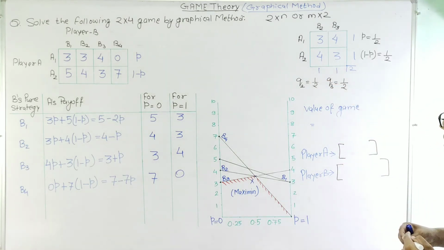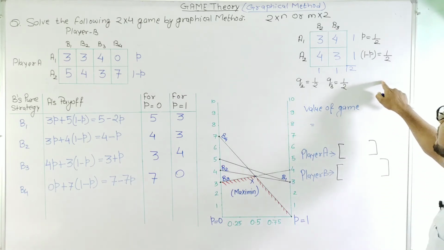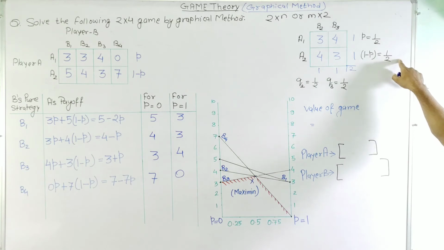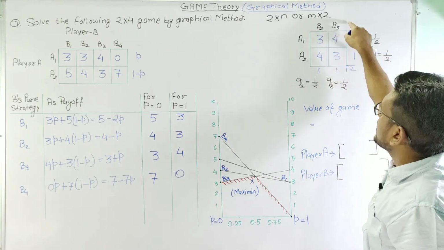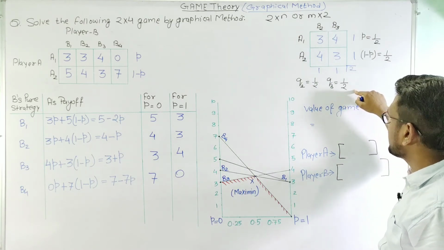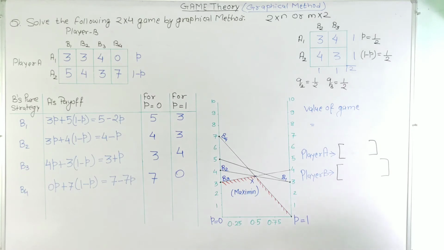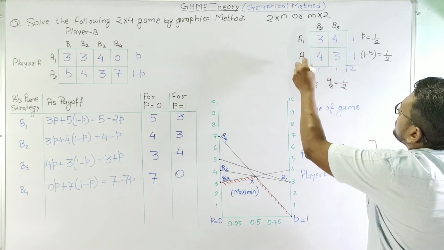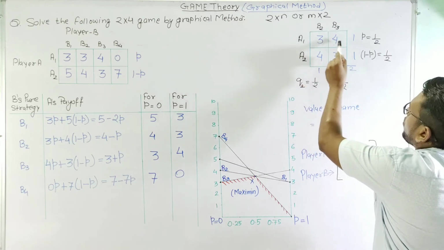Now we can say that player A will play strategy A1 and A2 1 by 2 times, or 50% of the time. Similarly player B will play strategy B3 and B2 1 by 2 times, or we can say 50 and 50% of the time. Now let us find the value of game, and in order to find it let us select any one row or column. As usual I am selecting row 1.